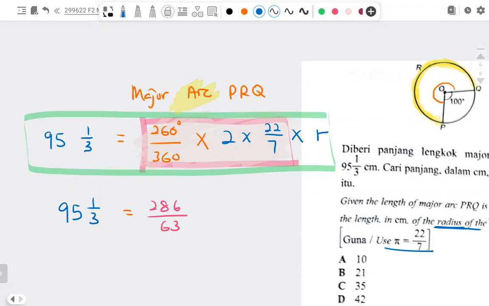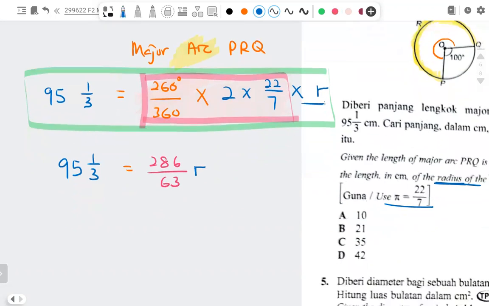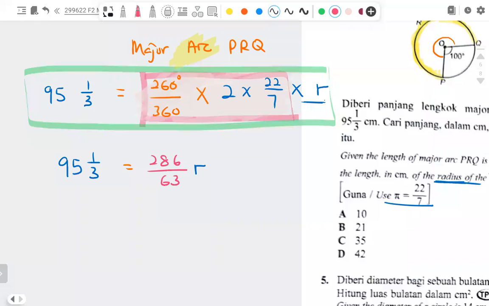Okay, let me proceed. 286 over 63 times R. Times means multiply. So if you move the number to the other side, you're supposed to key in divide. R, leave it at the right side.